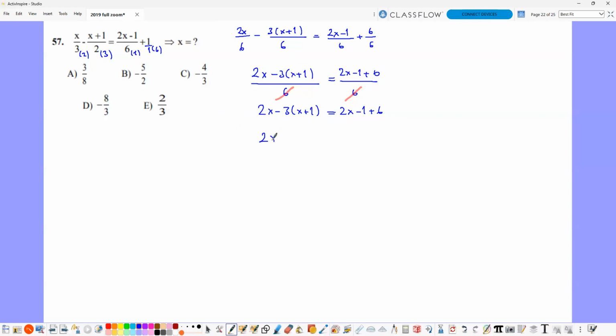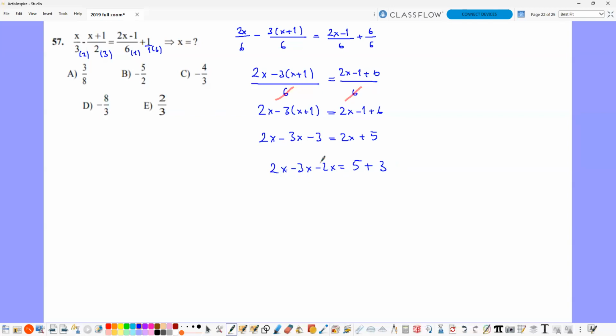That's why this is going to be equal to 2x minus 3x minus 3, and this is 2x plus 5 it has to be. And I'm going to collect the terms to one side, which means that 2x minus 3x minus 2x is equal to 5 plus 3 it's going to be.